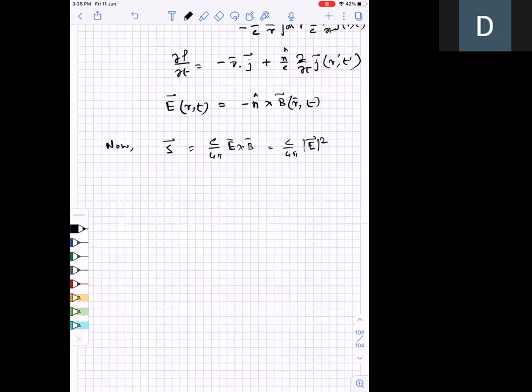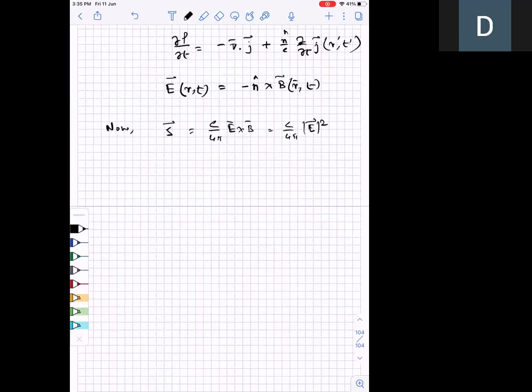So I can write down my n cross S, which is what is going along this direction, as 1 by 4 pi R squared, then 1 by C cubed.